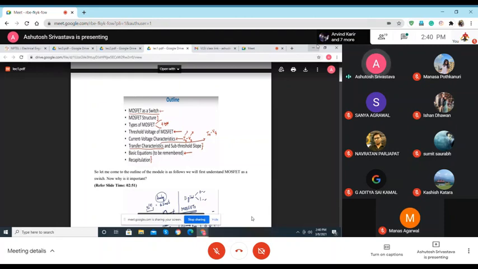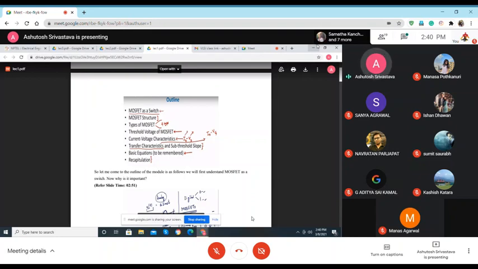And then we talk about the types of MOSFET, the MOSFET structure, the types of MOSFET, okay. Then we talk about the threshold voltage of MOSFET. That is why you need to know the MOSFET transistor inside out.